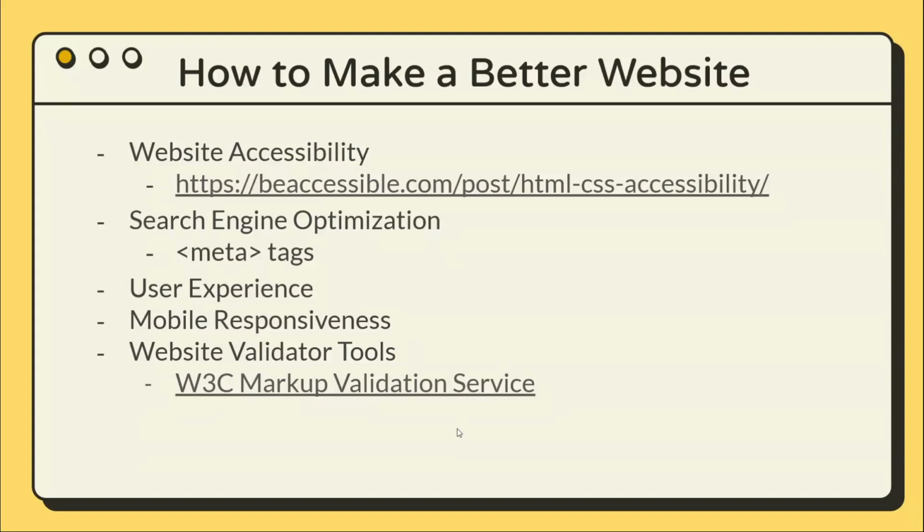Something else to consider is mobile responsiveness. If you're using frameworks like Bootstrap, they make it a lot easier to stylize your content for both mobile and web, or I guess desktop applications.